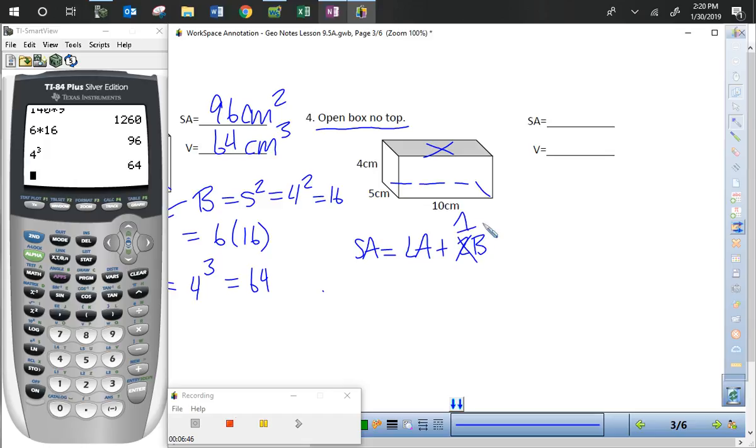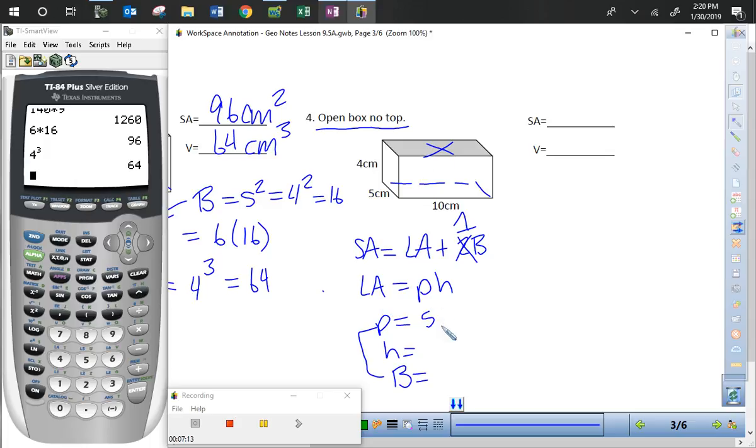But now we need to figure out, well, what is LA? The lateral area is given as P times H. So now, here's what I'm looking at. I've got a P, I've got an H, and I've got a B, so let's set it up. The P and the B kind of go together because they're both talking about the base. P is perimeter of the base.